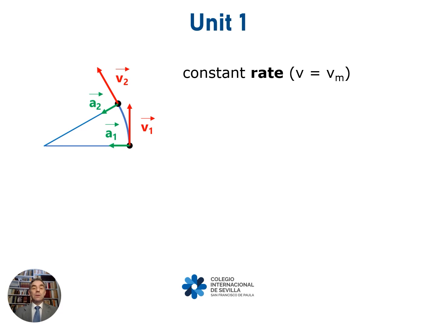It has uniform circular motion, therefore the angular speed is constant and the rate at which the body covers the distance is constant as well. At every instant, speed equals the average speed.